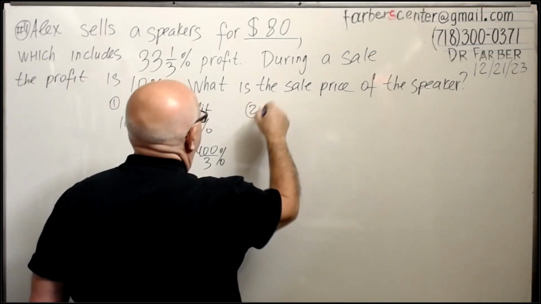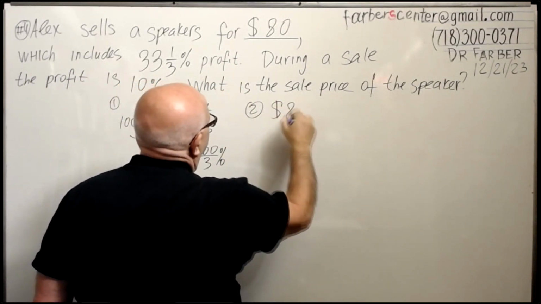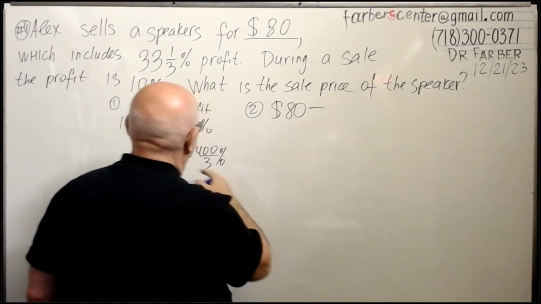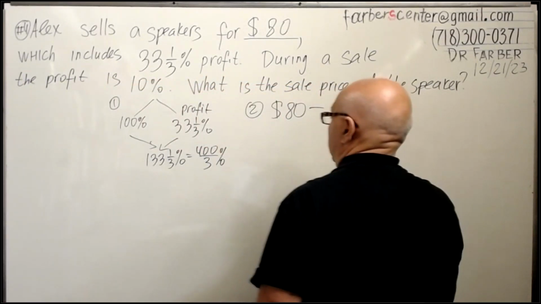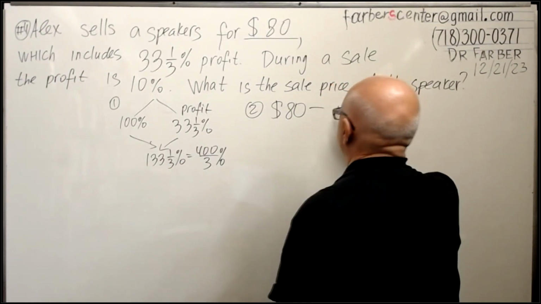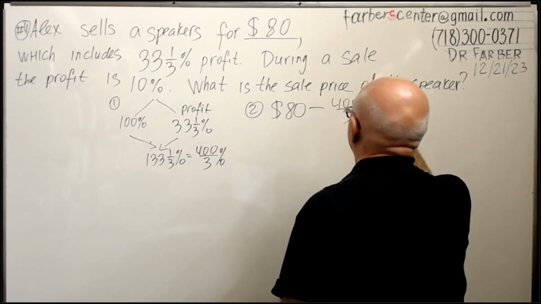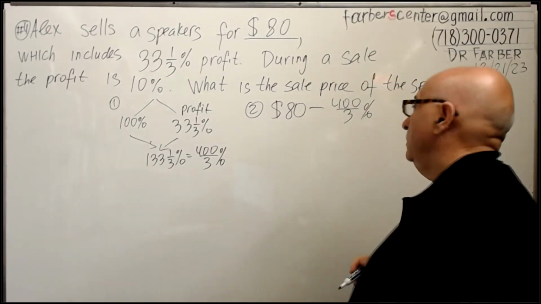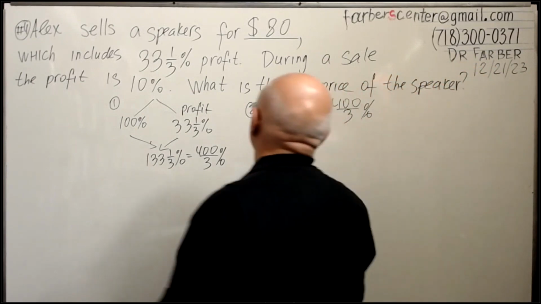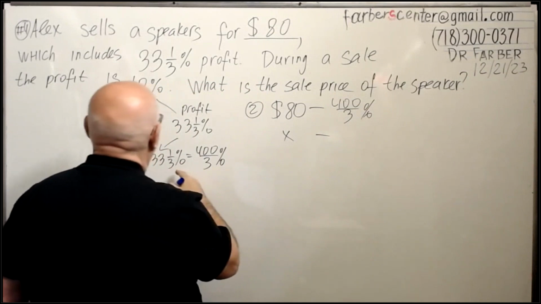Now look at what they said. Step number 2. If he's selling for $80, there's $80 including this 33 and 1/3. I only did the preliminary job. The equivalent of this is 400/3%, more convenient, including profit. But the cost he bought it for was not 133, it was 100%.